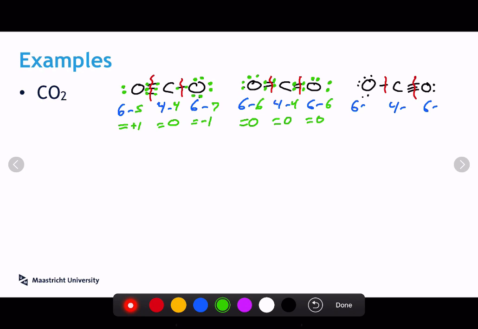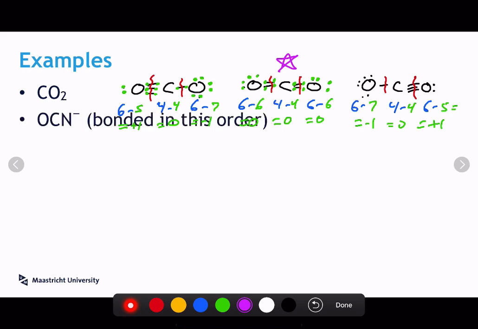What we'd find for the structure on the right is very similar to the one on the left. We would have 6 minus 7, 4 minus 4, 6 minus 5, giving a minus 1, 0, and a plus 1. So when we're assigning the most preferred structure, we get this one here because it has the formal charges closest to 0.